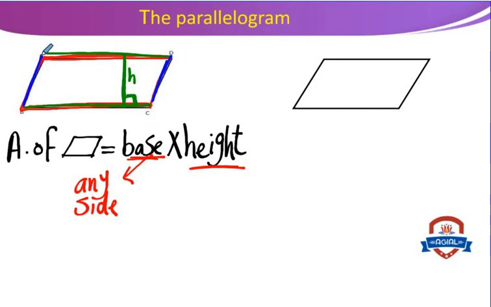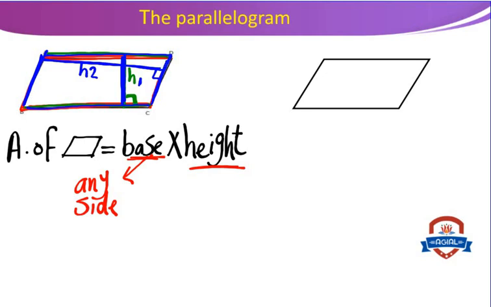Also the perpendicular distance between them. So each parallelogram has two bases and two heights. AD and BC are considered a base and their height is the perpendicular distance between them. AB and CD are considered another base and their height is the corresponding distance between them.